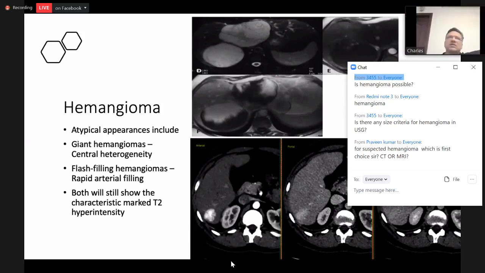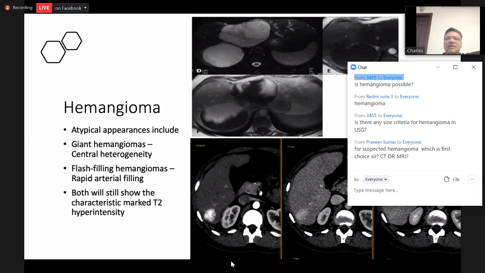Yeah, there's no size criteria for hemangiomas, and anything more than 4 centimeters is called a giant hemangioma. And for a 3 centimeter lesion, typical on ultrasound, you don't need further imaging. In a patient with no underlying chronic liver disease, no risk factor for chronic liver disease or malignancy, if you have a typical lesion with acoustic shadowing, hyperechoic, 3 centimeter, then you don't need further imaging.